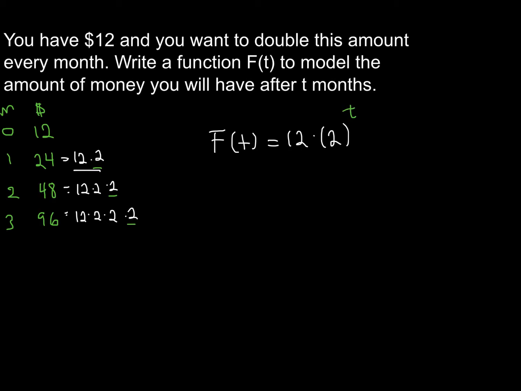And now I should be able to see how this works. I have some initial value that I'm starting with. When t is 0, that's just 12. And then every time t increases by 1, I am doubling it or multiplying by another 2. So we could check this out. You could plug in these values and see that you will end up getting all of the correct values.